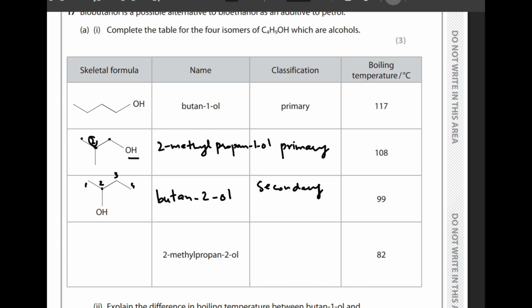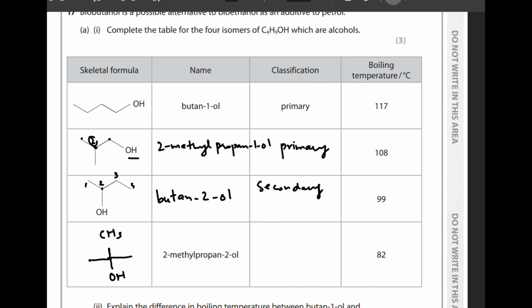And now you need to draw the structure of 2-methylpropan-2-ol.